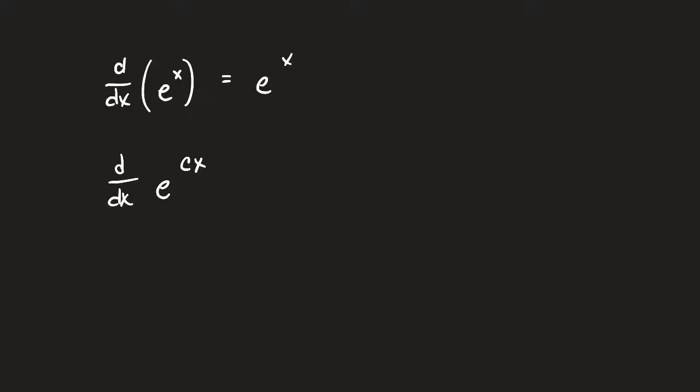So you would say u equals cx and change this to d du of e to the u, while at the same time computing du dx. Over here, that would give you c, because the derivative of u when u is cx with respect to x is just c.